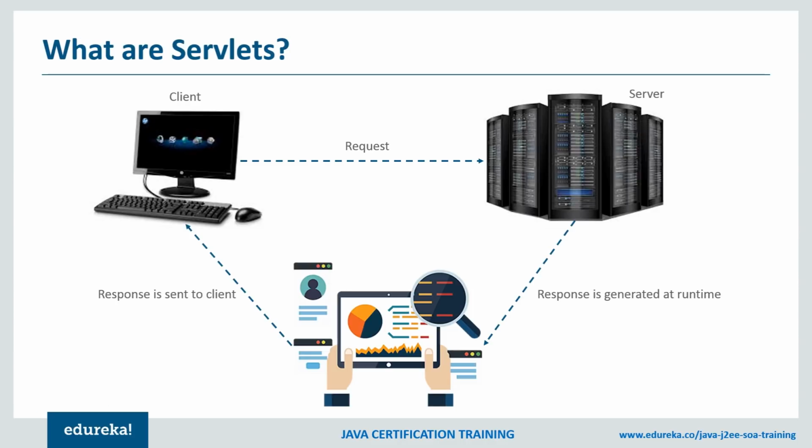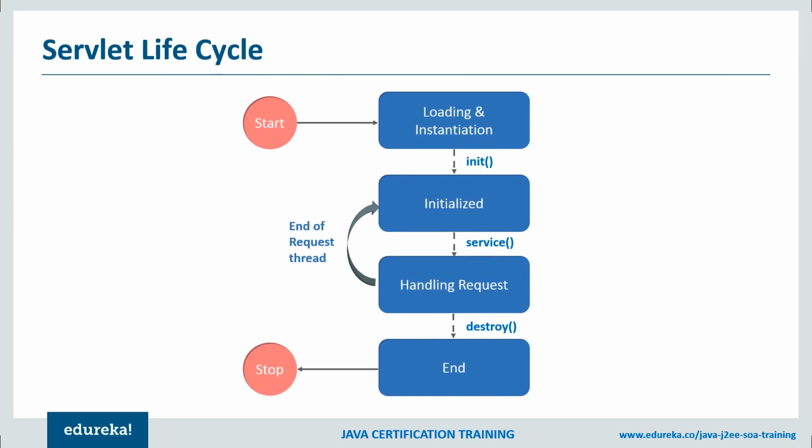Now, let's move further and see various methods in life cycle of a servlet. First, loading a servlet. When the web server starts up, the servlet container deploys and loads all the servlets. Then what happens? Servlet is initialized by calling the init method. The init method is called by the servlet container to indicate that this servlet instance is instantiated successfully and is about to be put into service. Next, the servlet calls service method to process a client's request.